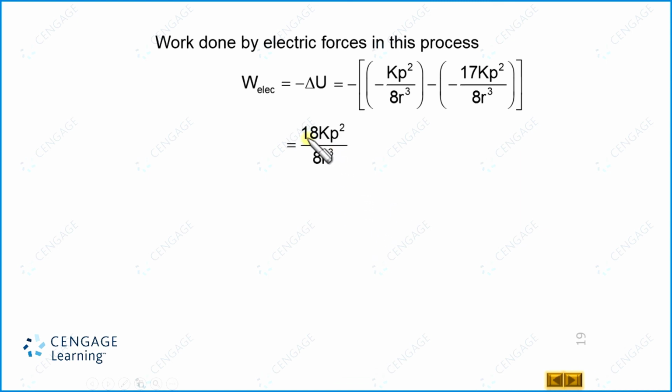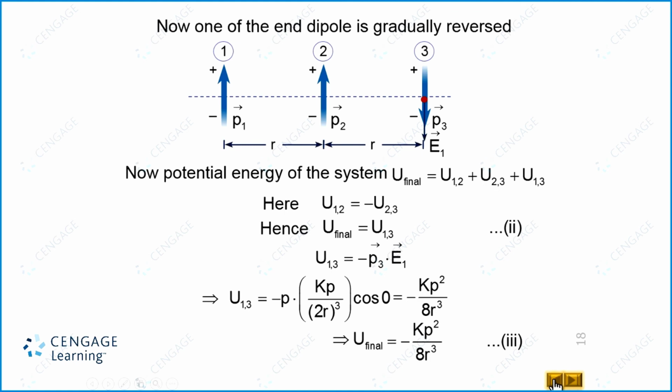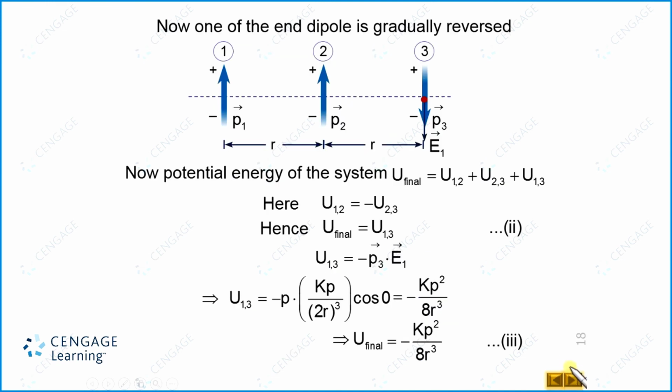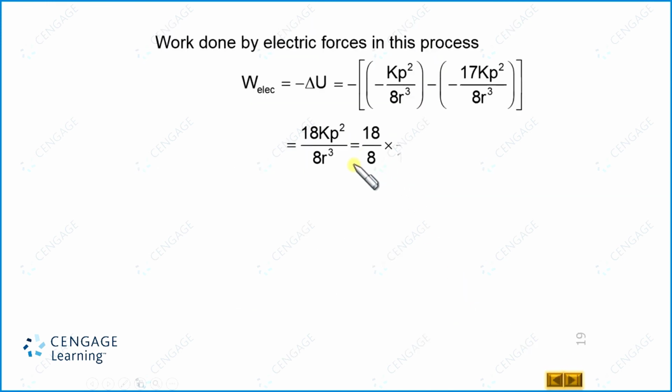This is equal to 18 kp square divided by r cube, and we have calculated the value of kp square divided by r cube as 8 divided by 17 U naught. So let us substitute this value, and now 8 and 8 will get cancelled. This is equal to 18 divided by 17 U naught. This is the work done by the electric forces.